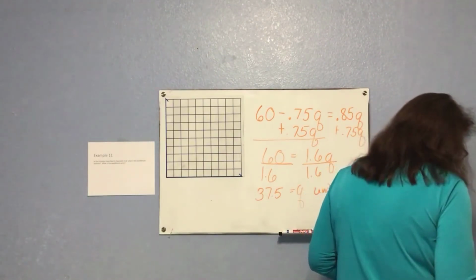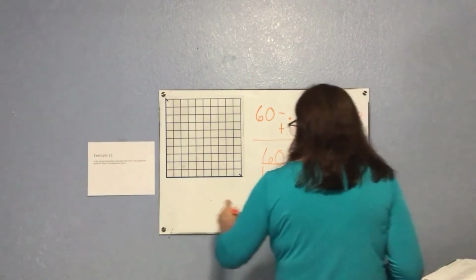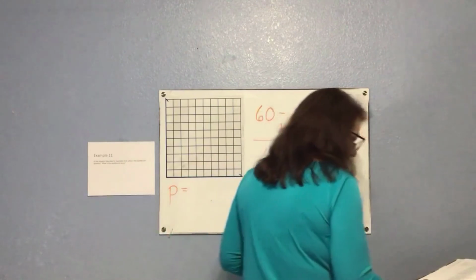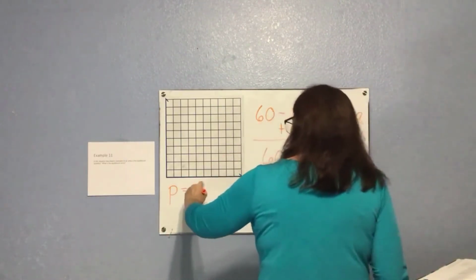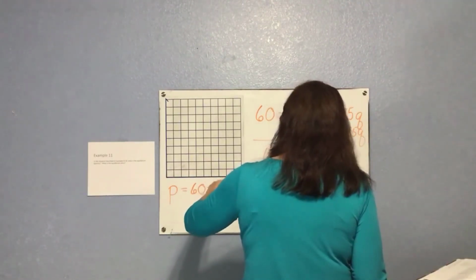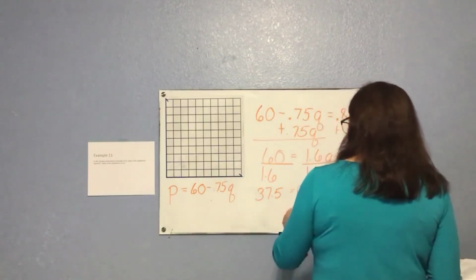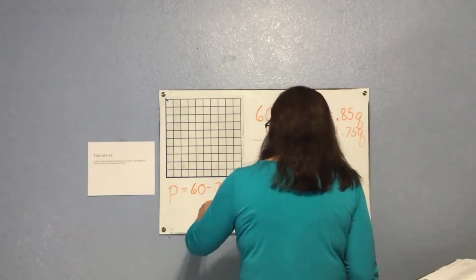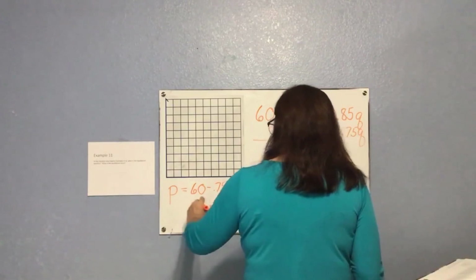To find P, remember that P is equal to this equation here, 60 minus 0.75 Q, and we've determined that Q is 37.5, so this is 0.75 times 37.5.